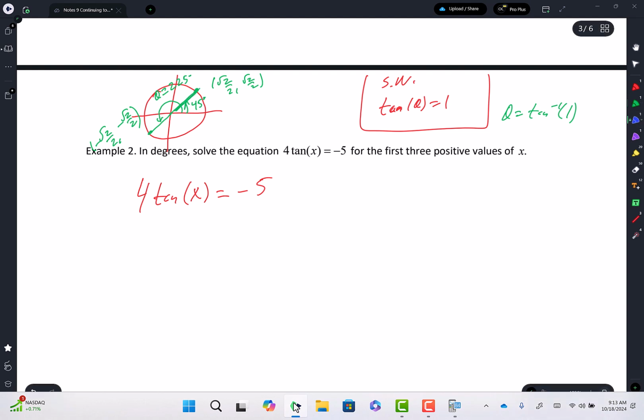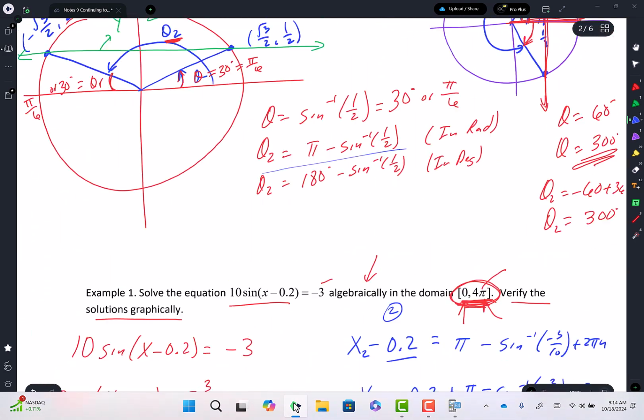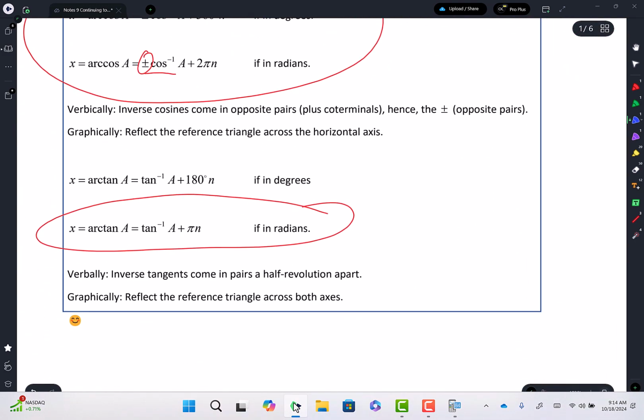But here's what I want you to notice. Do you see a linear line? Look at that blue line. Is the distance from here to here 180 degrees? Yeah, so that is why tan, the arctan, has a period of 180. This is why tan just has one formula. If it's in radians, pi n. If it's in degrees, plus 180 n.